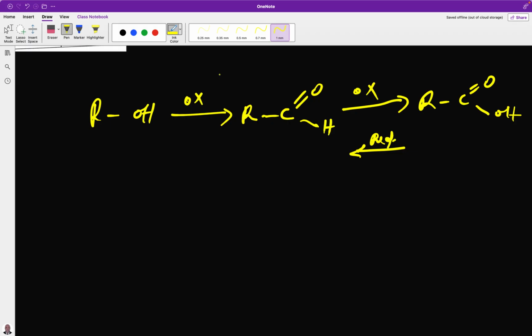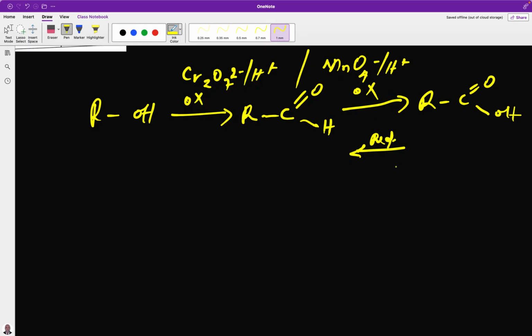In oxidation, we will use either acidified potassium dichromate 6, or we will use acidified potassium manganate 7. That is for oxidation.